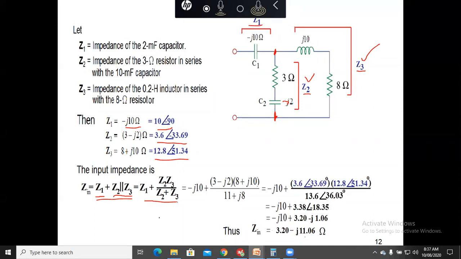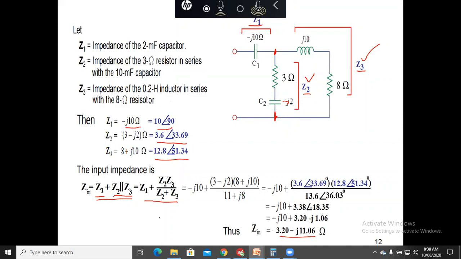So we substitute the values. After substituting these values, we will solve it, and we will get the answer, which is 3.2 minus J11.6 ohm, right? So in that way, we can have the equivalent impedance, or the input impedance of the network.